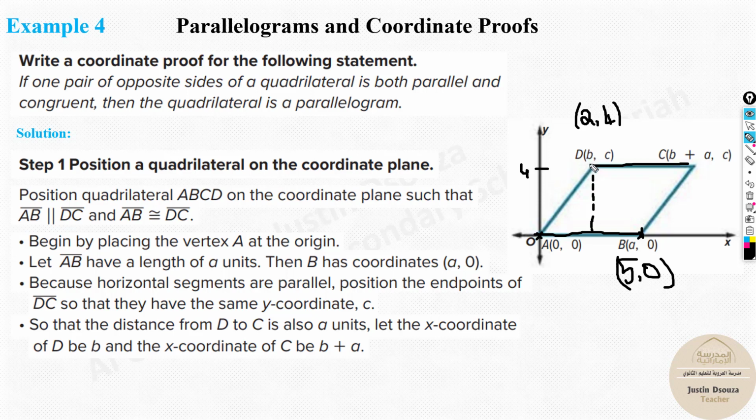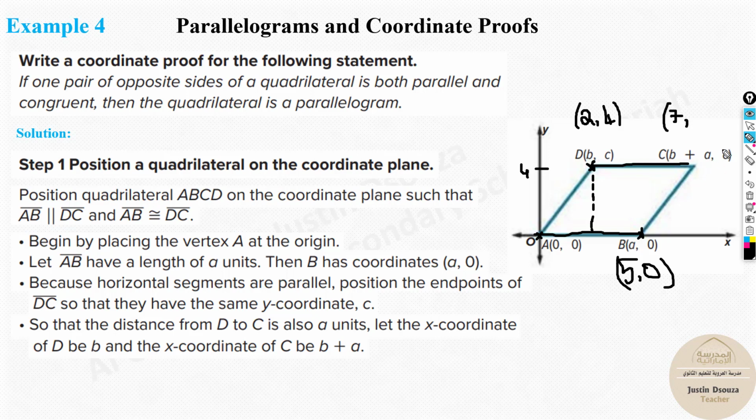We draw one more point, and then if we know this point, we know at least one pair of opposite sides is parallel and congruent. So now if this is 2 and 4, the next point must be at an equal distance, right? Equal distance in the sense you should add 2 plus 5. So b plus a, here 2 plus 5 would be 7.